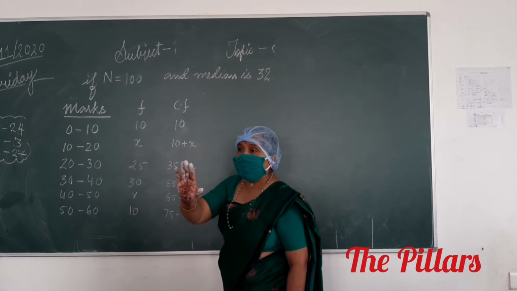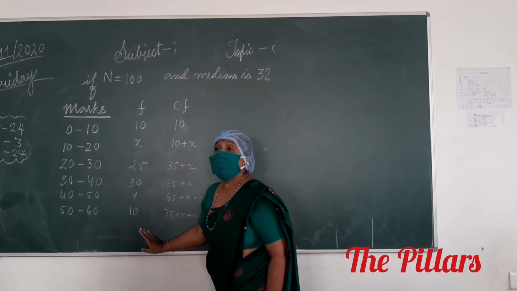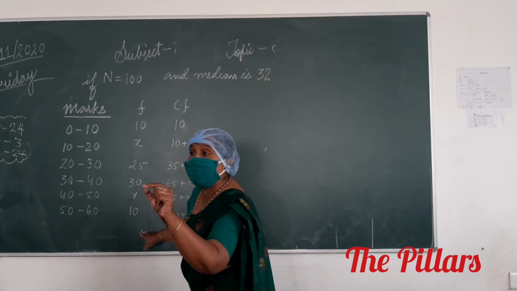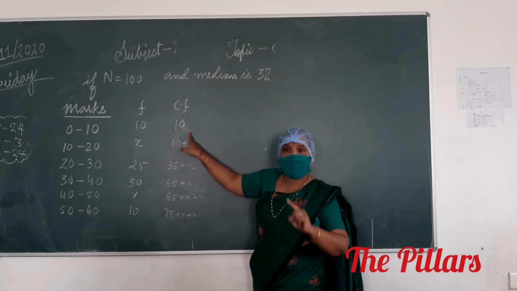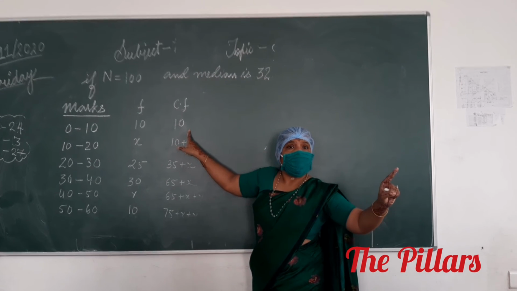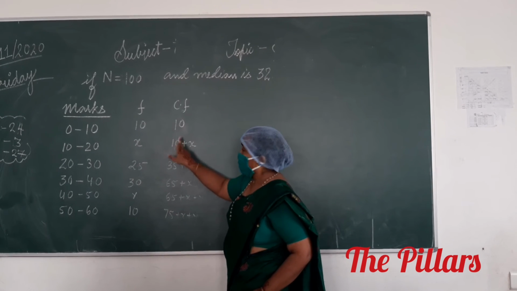See, look here. This is your frequency. You have to frame a cumulative frequency column for this. First one we will copy as it is. Second one is X plus 10.